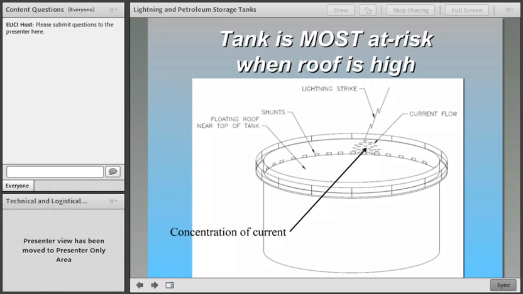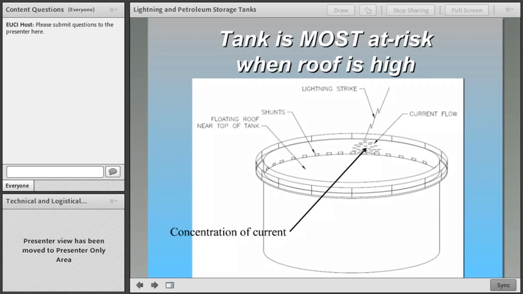A floating roof tank is most at risk when the roof is high. And the reason is this. When the roof is high, the lightning current will stay concentrated in a smaller area. In other words, the lightning current is attempting to attach to the roof, come down inside of the shell, and then jump and spread out across the roof.